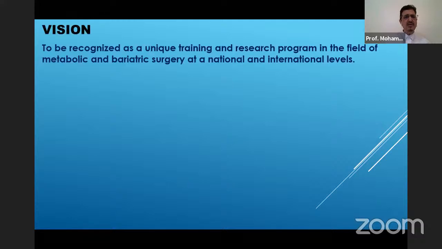For that reason, we have a vision at the SASMBS to be recognized as a unique training and research program in the field of metabolic and bariatric surgery at national and international levels.